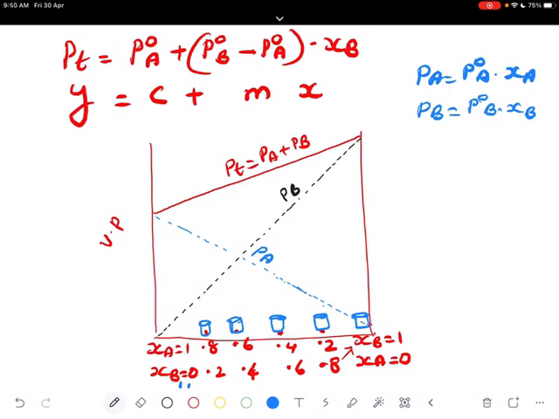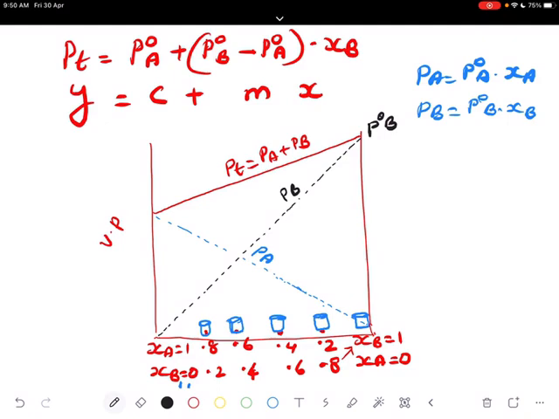The red one, that is on the top, that is PT, is equal to PA plus PB. And what is at that top, this one is P naught B. We always take P naught B as higher because B is considered as highly volatile.